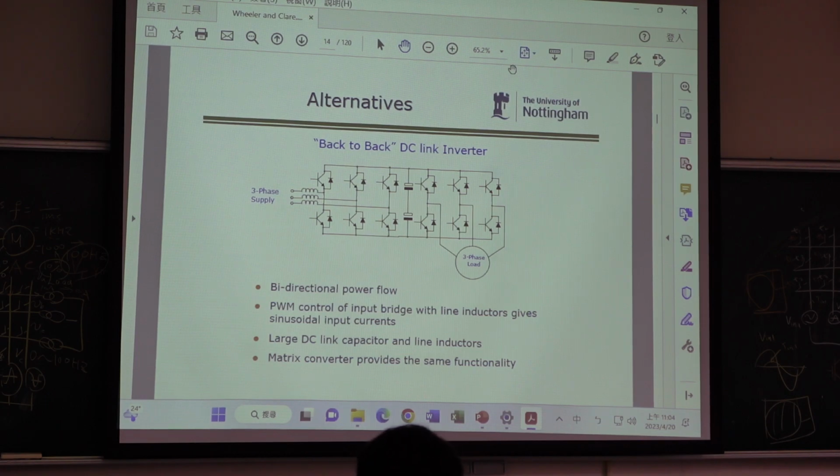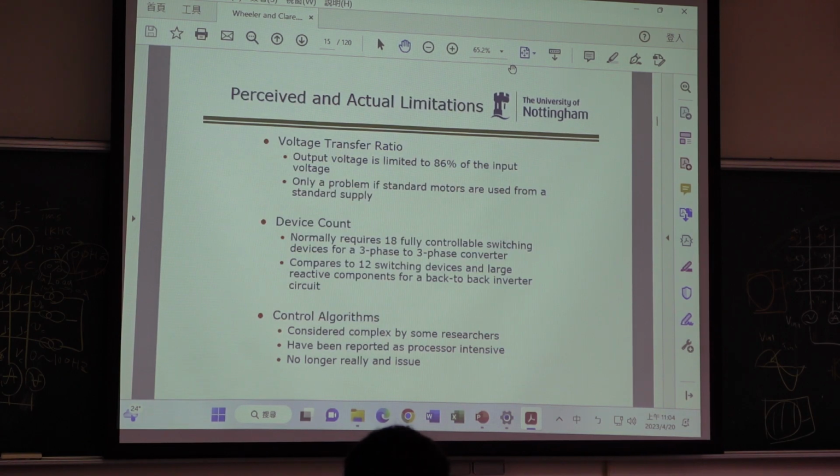So if you want to study PhD, then it is good to compare back to back and matrix converter. Which one is better? So for the matrix converter, we have some disadvantage, voltage transfer ratio. So the DC voltage only reach 86%, which means the output voltage is reduced.